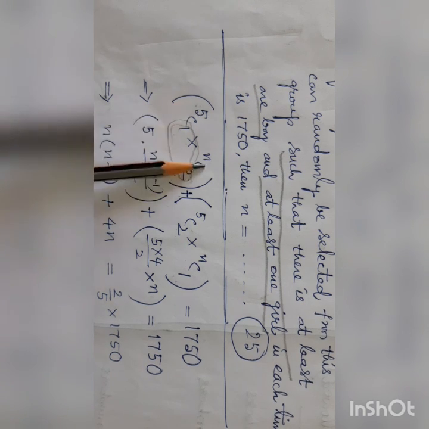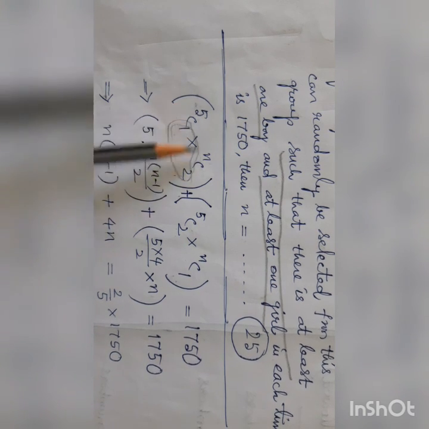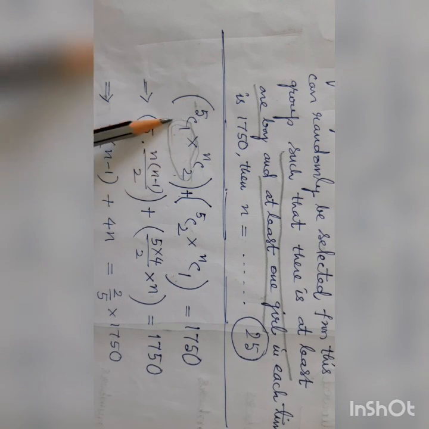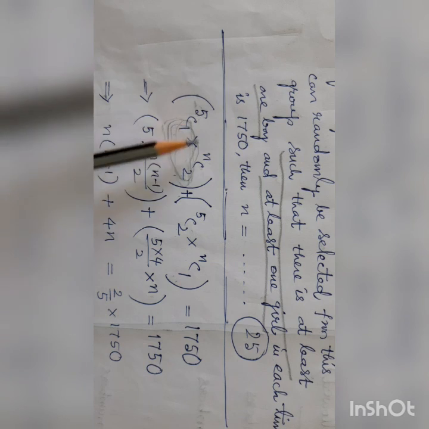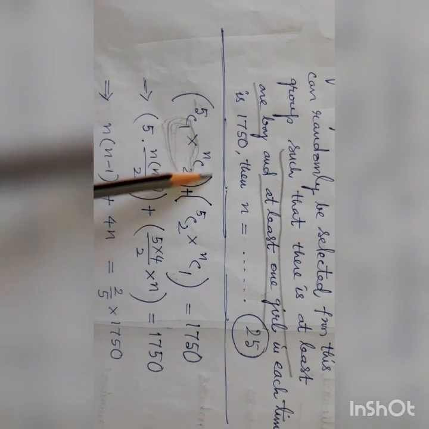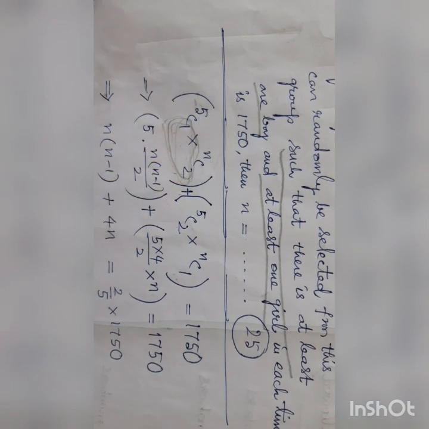This is the combinatorics. In total you will select 3 people out of 5 boys and n girls. This is one case, leave it.